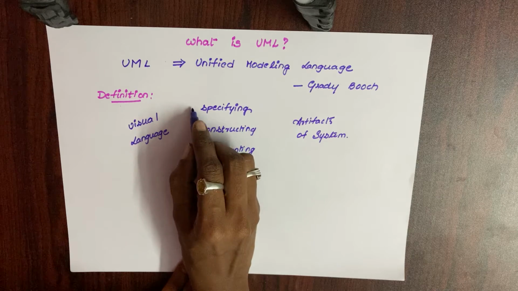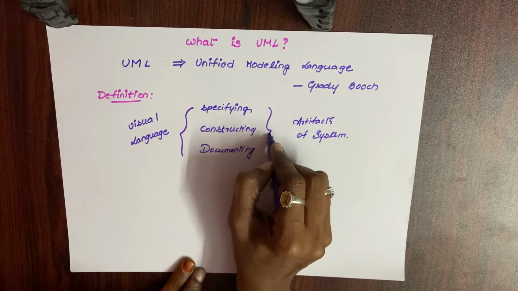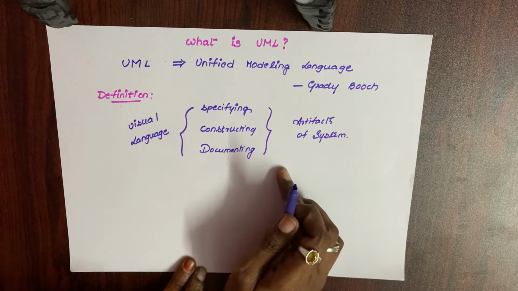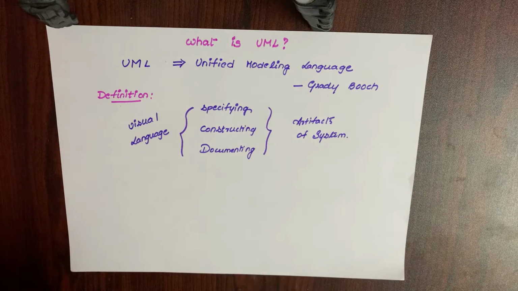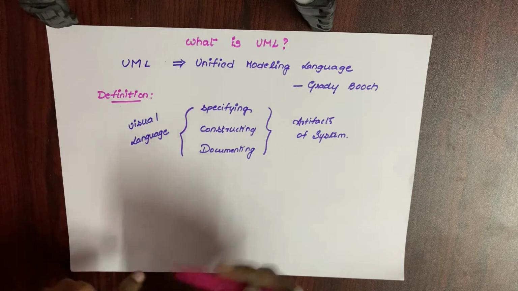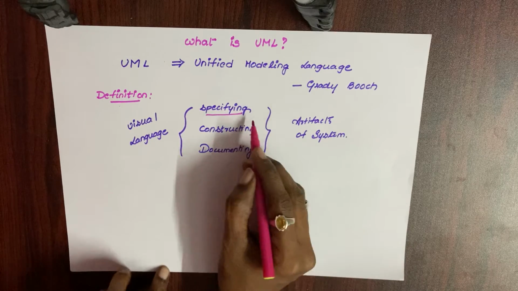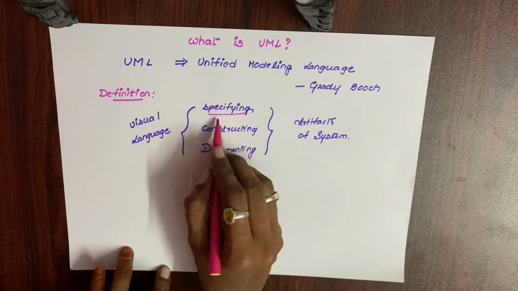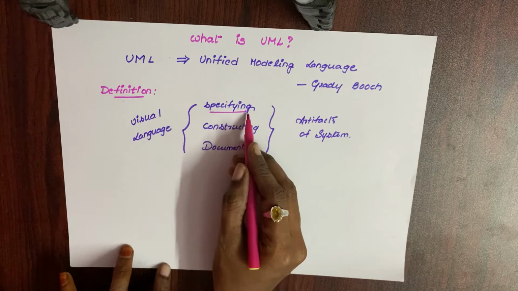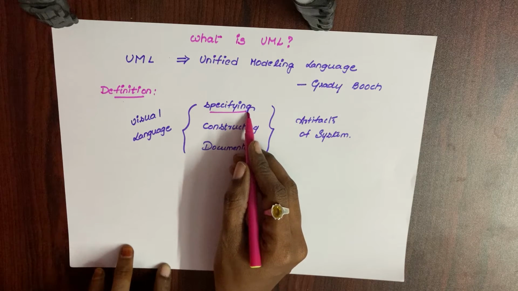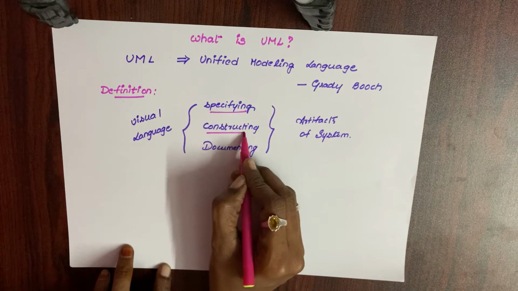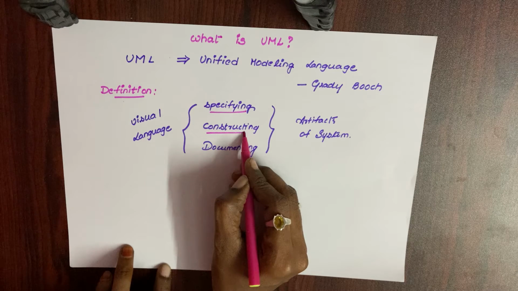Let's take a look at these elements. Before developing a software, we have to specify what the requirements of that particular software are. That is called specifying. After specifying the requirements, we have to start constructing those requirements.